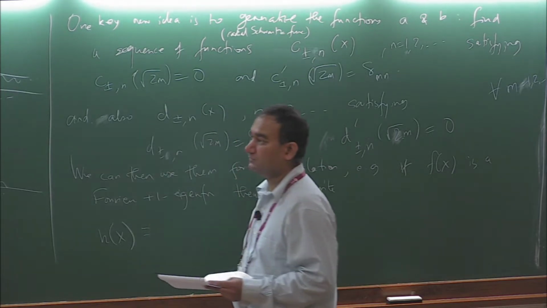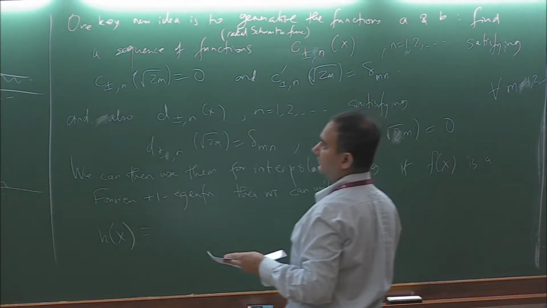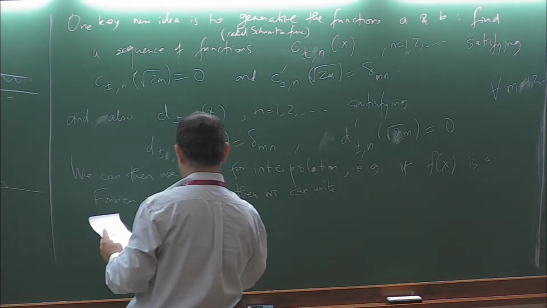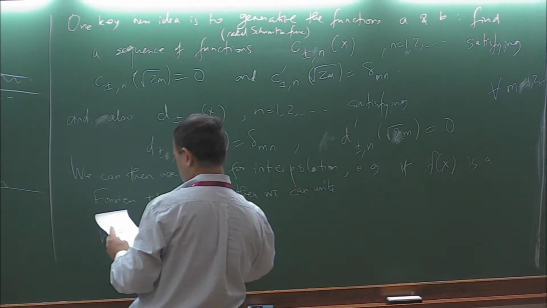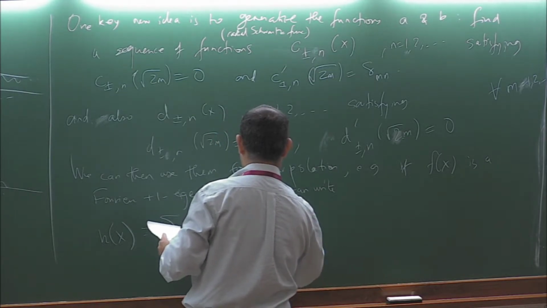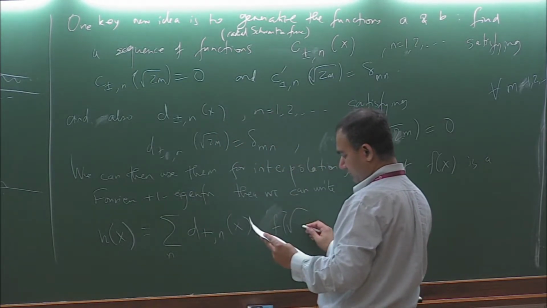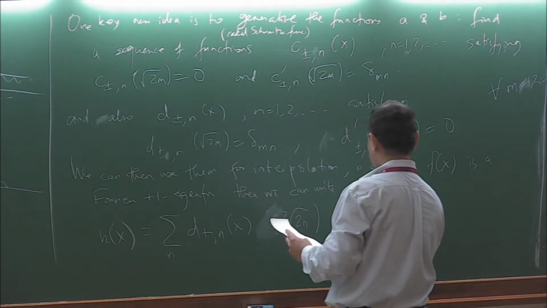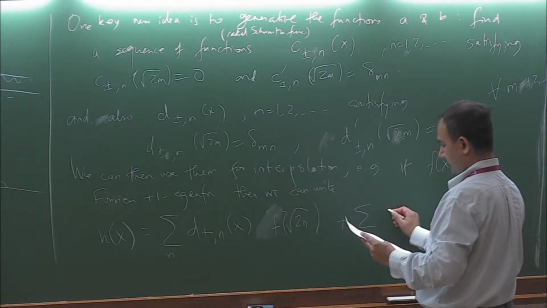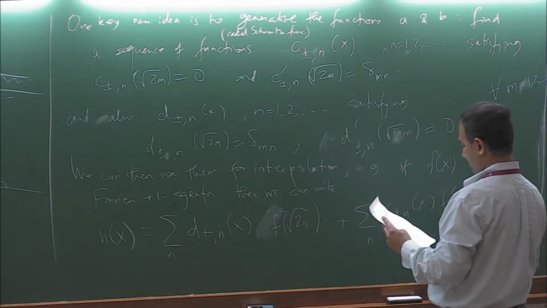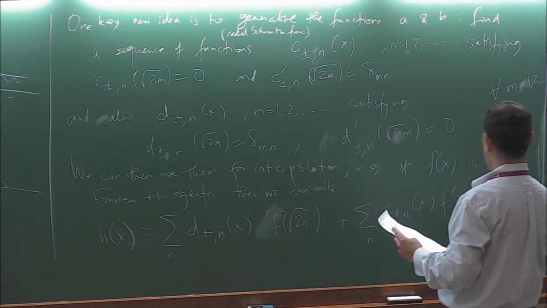You know that it has to match the values of f at all those points, so you can write it as the sum over n of d plus n of x times this coefficient, which is just a number, f of square root of 2n, plus the sum over n of c plus n of x times f prime at the square root of 2n.